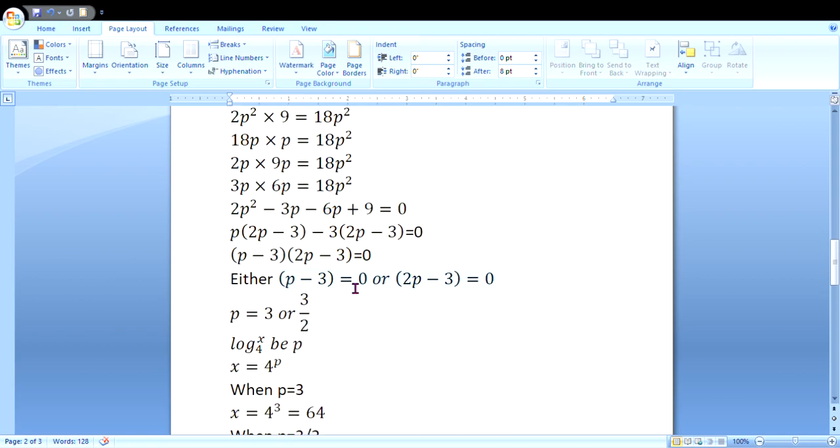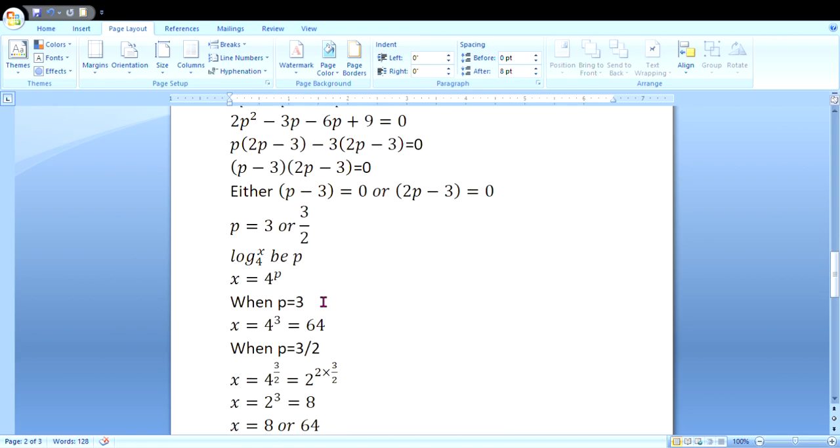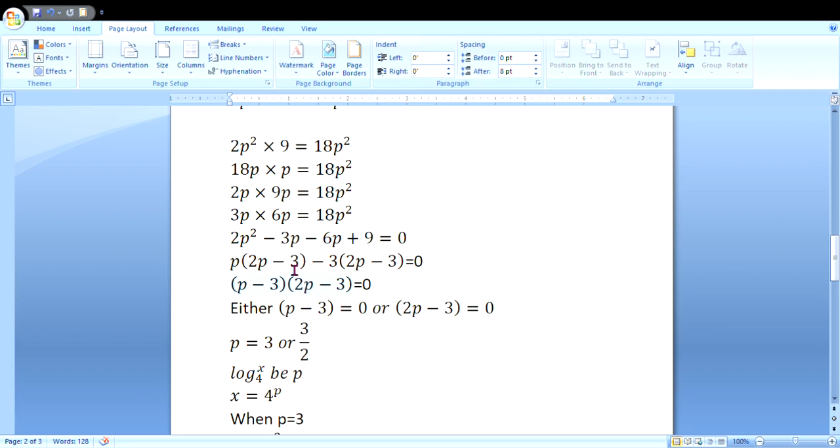Okay, and from all the factors given so far, it is 3p and 6p that can conveniently fit in. So minus 3p minus 6p will give us minus 9p. Then minus 3p times minus 6p gives 18p². So we will replace the middle term minus 9p with minus 3p minus 6p.